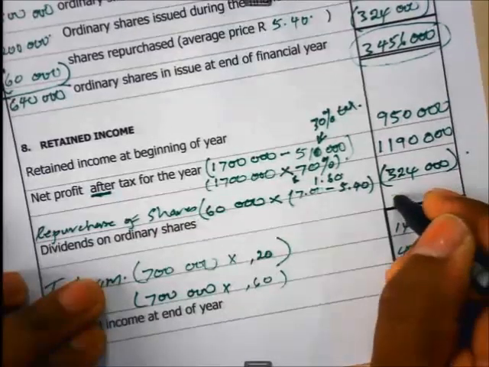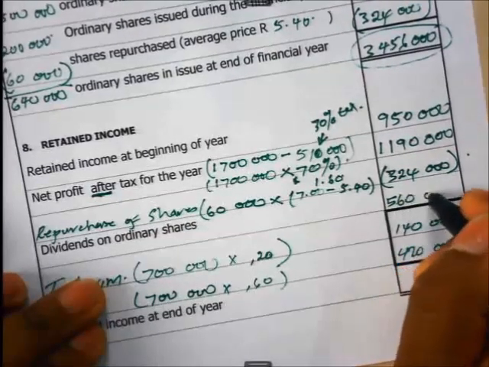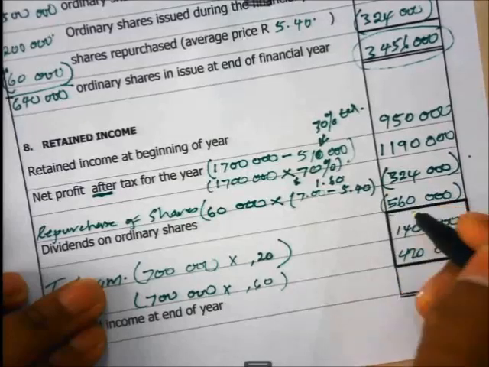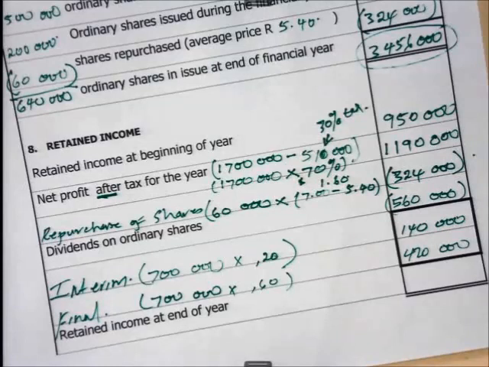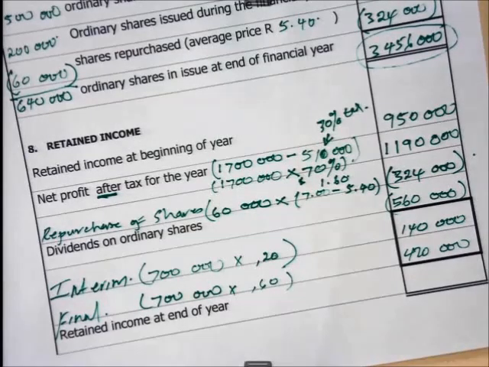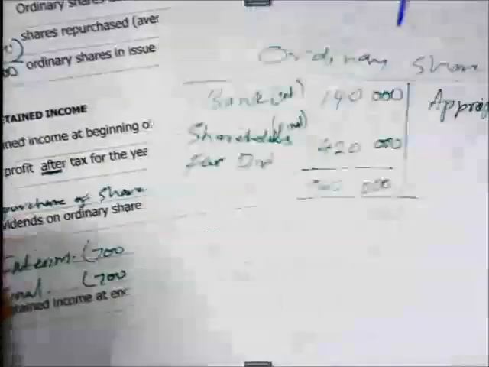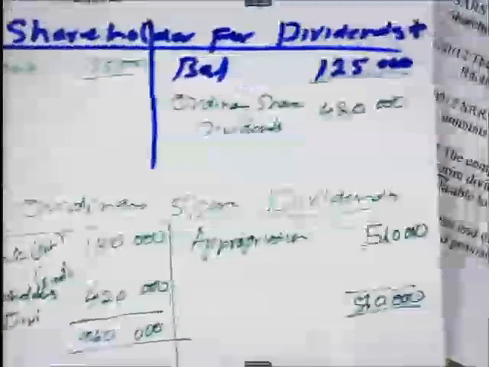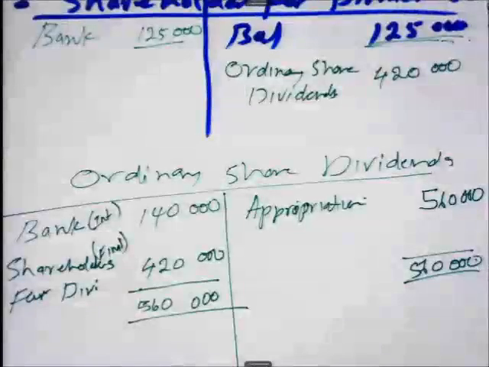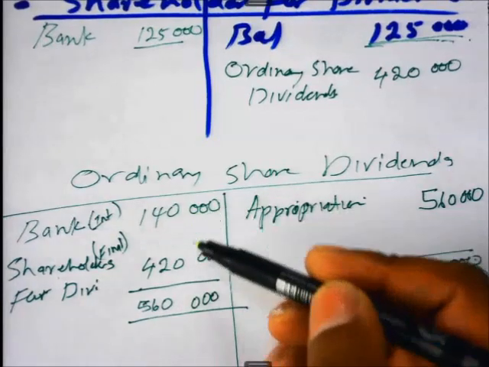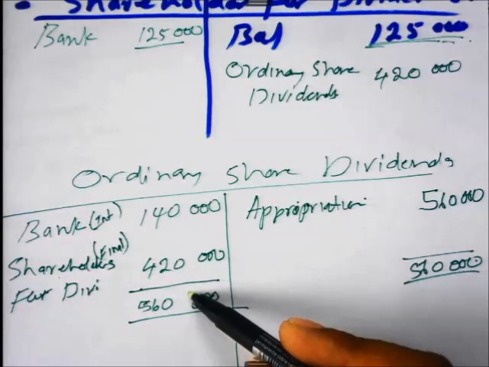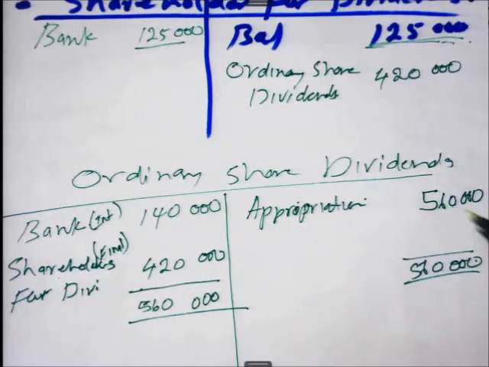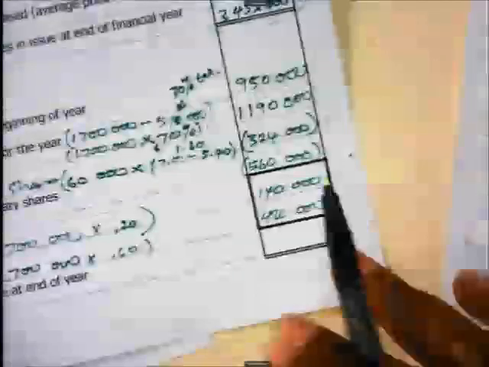That gives us 560,000, and that also must be subtracted. You will see that this calculation on dividends is exactly the same as our ordinary share dividends account, where we had 140,000 and 420,000. It gave us 560,000, and the appropriation was 560,000. It's just that here we put it in the form of a statement.